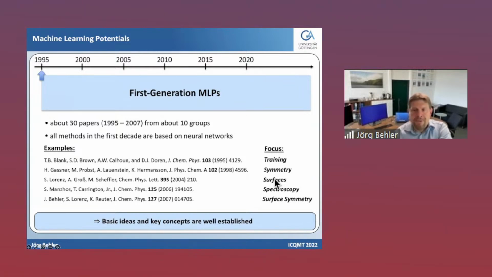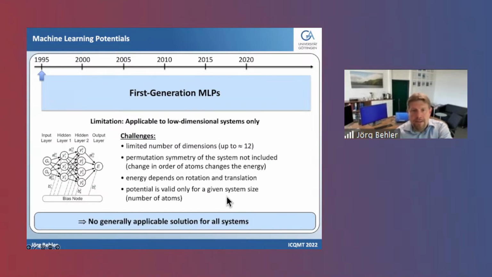The systems have been extended to surfaces, and spectroscopic accuracy has been reached, and also the surface symmetry has been explicitly considered. So the basic ideas and the key concepts are well established, and they date back almost 20-25 years now. But there is a serious limitation for this first generation of machine learning potentials, and this is that they are applicable only to low-dimensional systems.